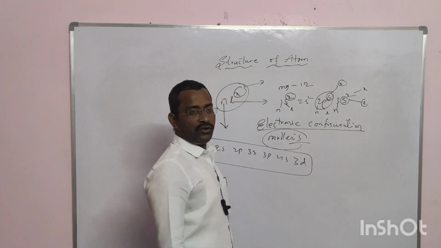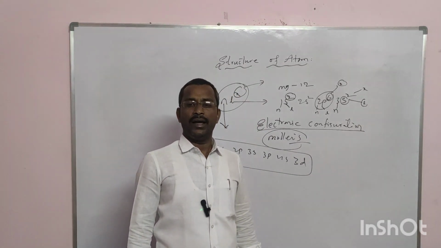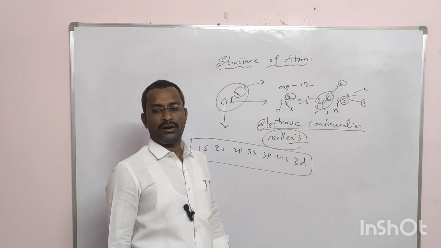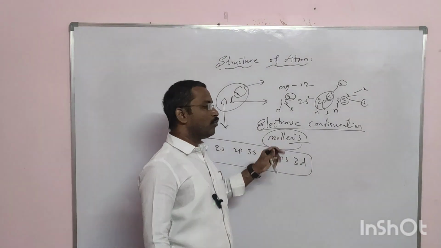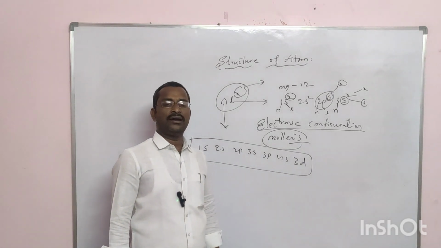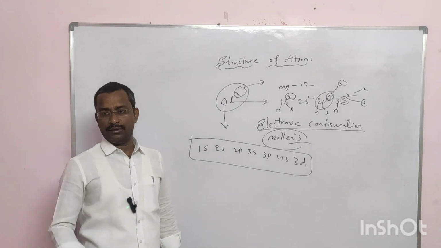NLX method. So NLX method is used to help how to write an electronic configuration. But how to arrange thereafter, the order has been given by the Moelis diagram. So this is the order to be remembered to write the 30 elements electron configuration up to zinc.